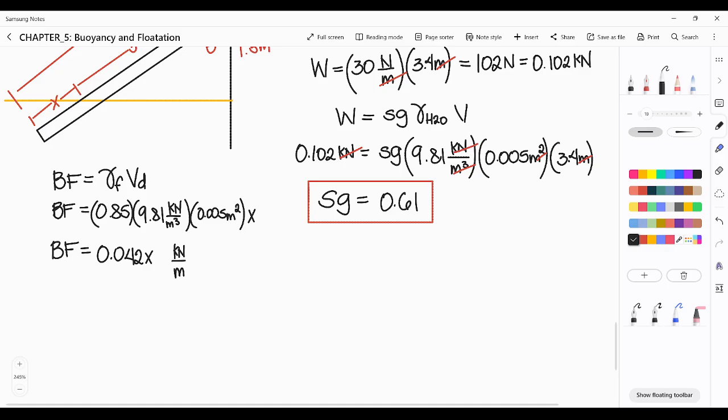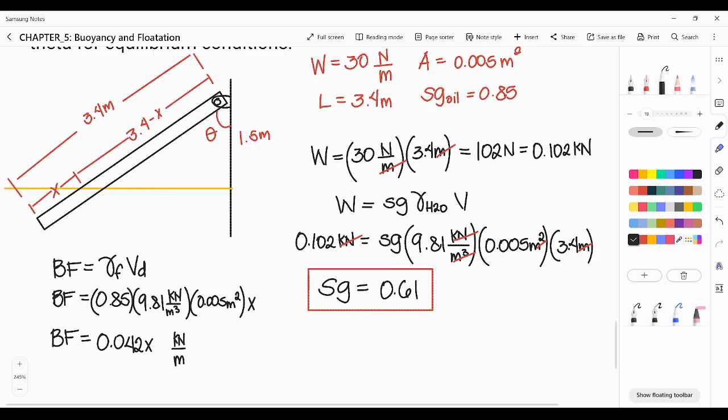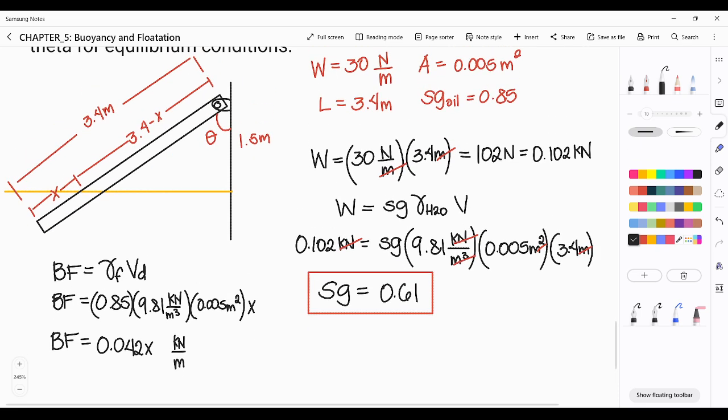So, ngayon, kailangan natin hanapin si x. Saan natin nahanapin si x? Anong pwede natin gawin dito, mga kasama? We can take a moment. Always take some moment para to recharge. Pero in this case, let's take the moment at point O.